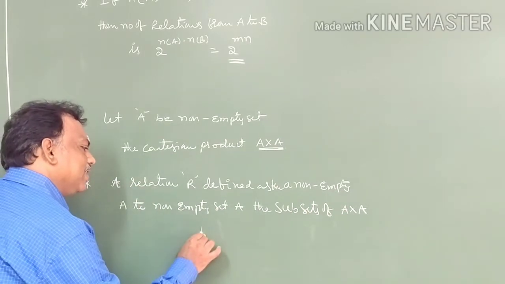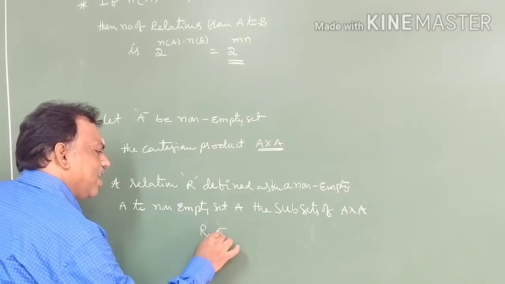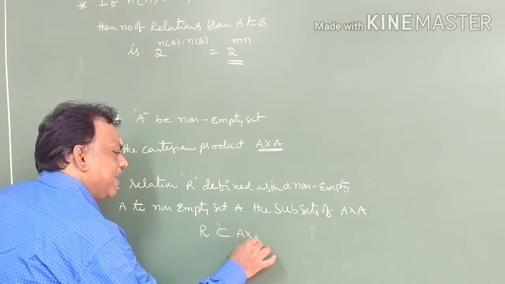So now in the second PU we will consider relation R is a subset of A cross A.